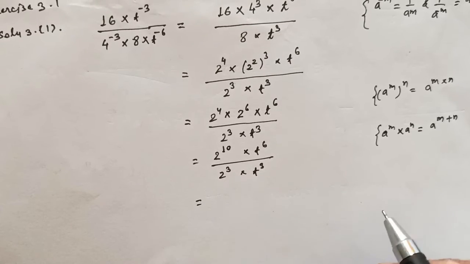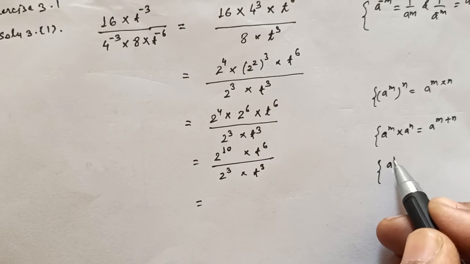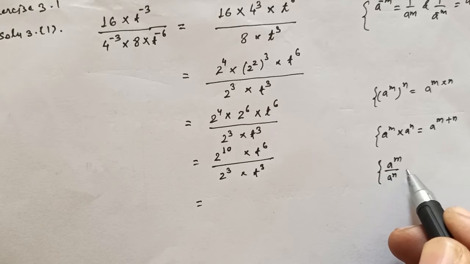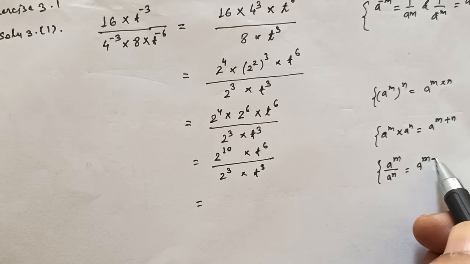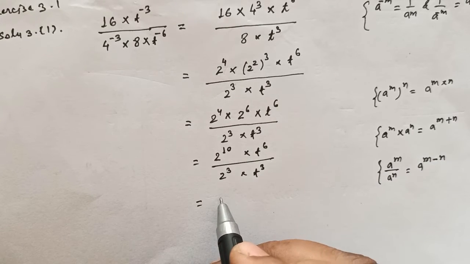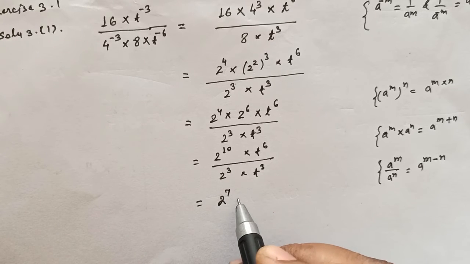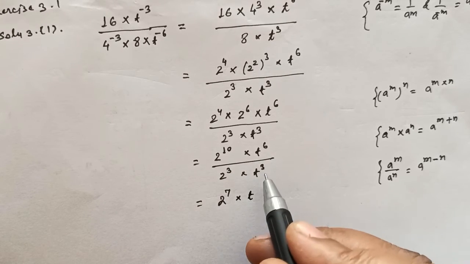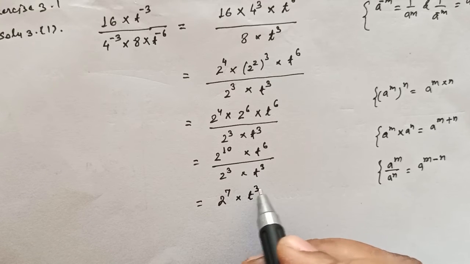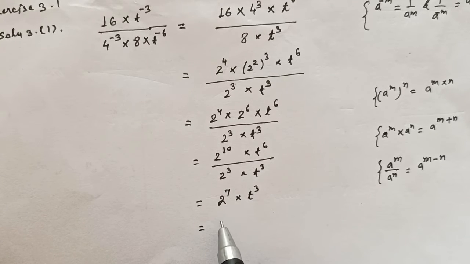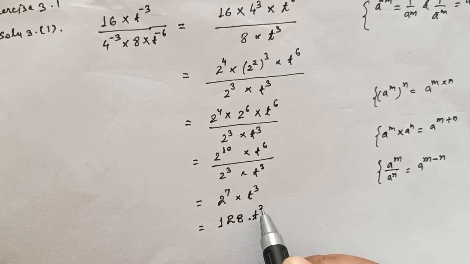Now a to the power m upon a to the power n, a to the power m minus n. 2 power 10 minus 3, 7 and t power 6 minus 3 is 3. 2 power 7 is 128 t power 3.